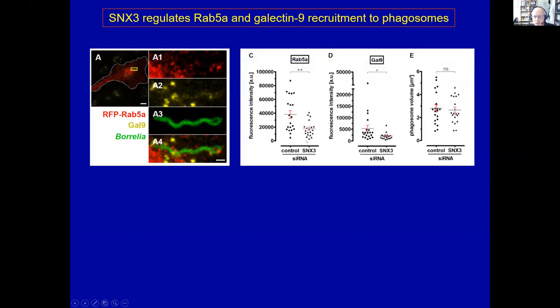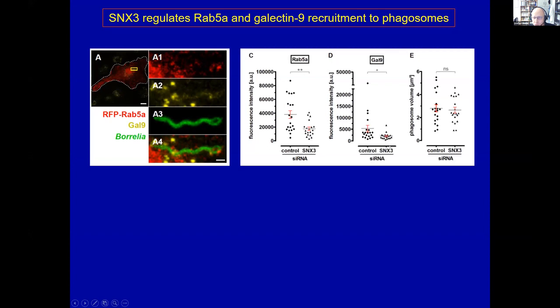And what Matthias could really nicely show is that if we look at the recruitment in this tiny volume around Borrelia containing phagosomes, in cells that have been depleted for SNCS3, you get less RAB5A and you get less galectin-9 at these phagosomes.